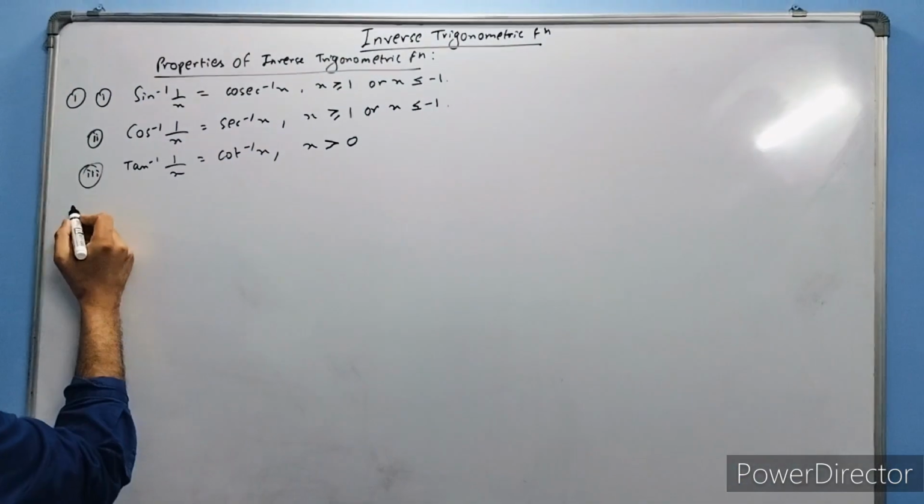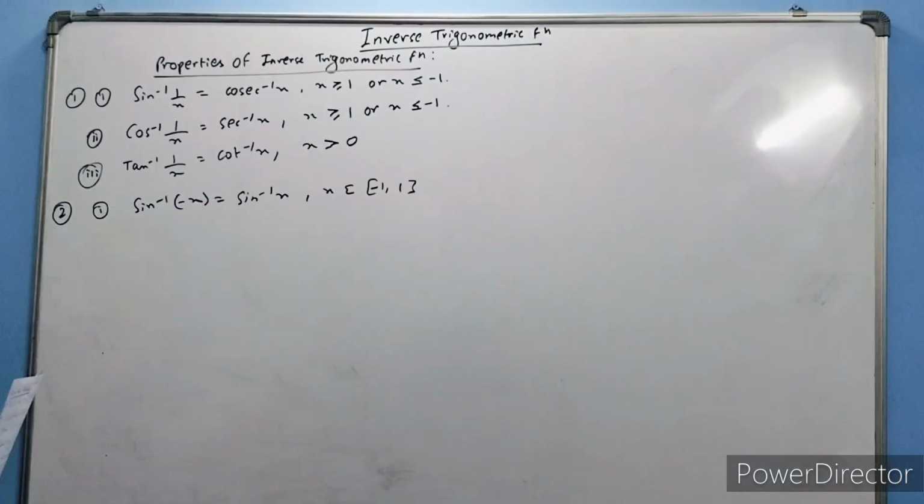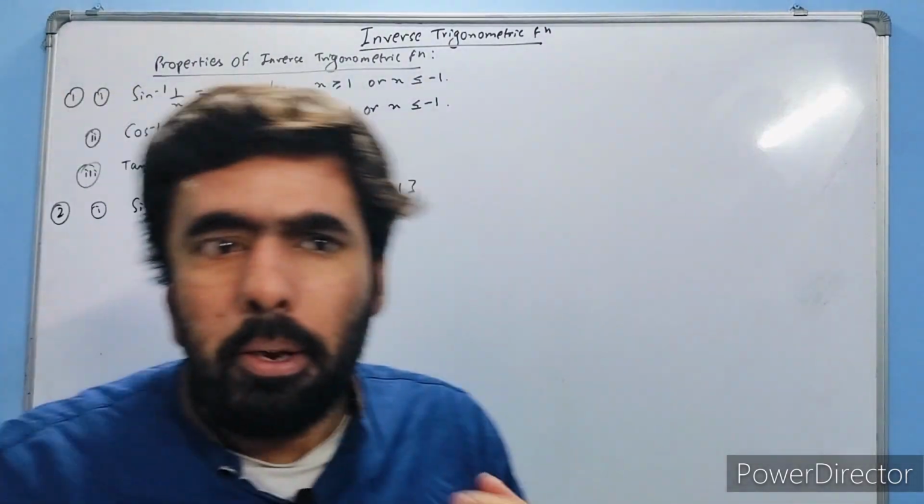Now we have the next most important property: sine inverse minus x is equal to minus sine inverse x, where x belongs to minus 1 to 1. These are the most important properties which we are discussing. We'll apply them in the numericals.